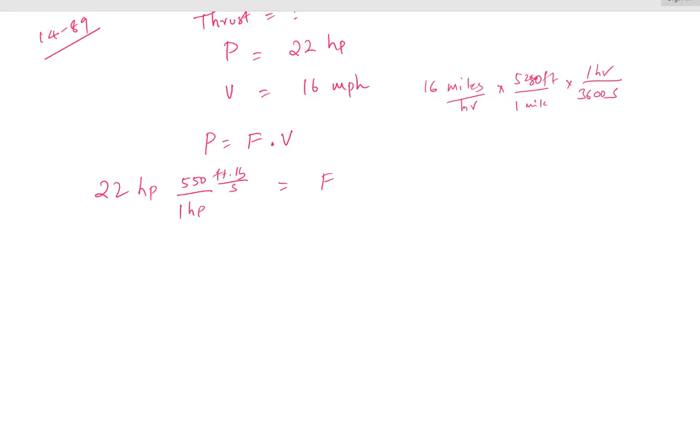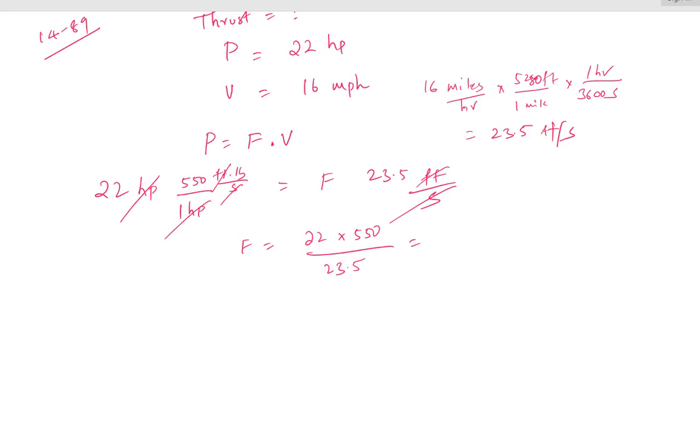When you do all of that, you get 23.5 feet per second. So here horsepower cancels out, feet per second cancels out. So F equals 22 times 550 divided by 23.5, which is about 515 pounds of thrust.